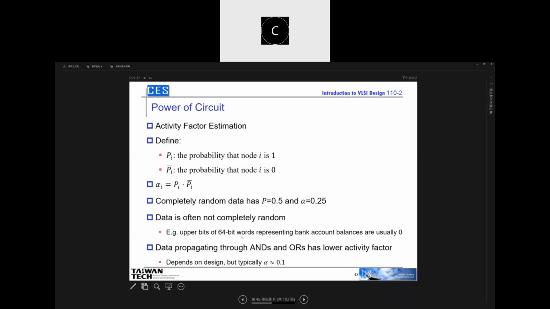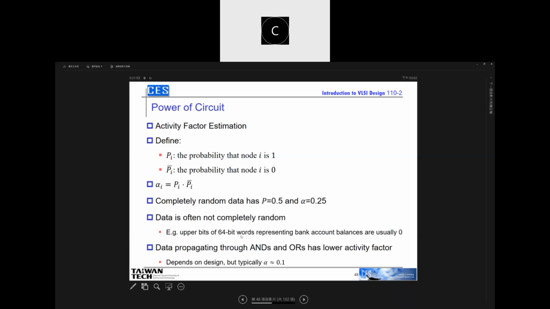So that means the activity factor alpha for the lower bits in a word will be different from the activity factor in the upper bits, right? So it's not completely random.